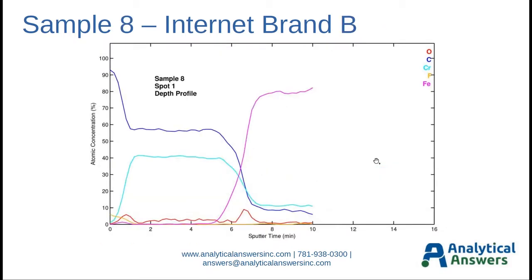And when we look at Internet brand B, this one was actually unique in terms of all the other ones had nitrides and oxides or diamond-like coatings. This one here actually has a carbide-based coating. So here we see the surface carbon from the organic lubricants and the fluorine drop down, and we come into this fairly thick layer of chromium and carbon before going into the substrate.